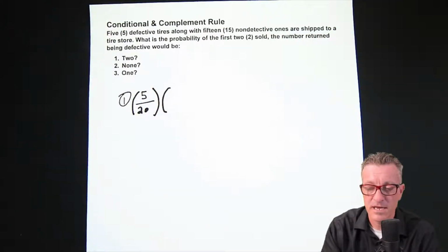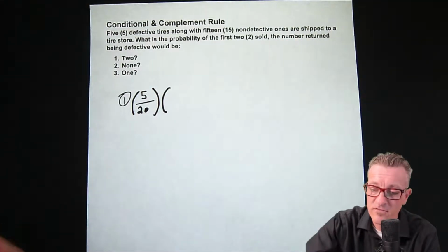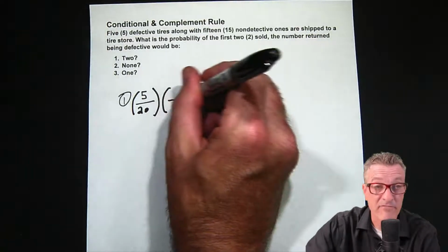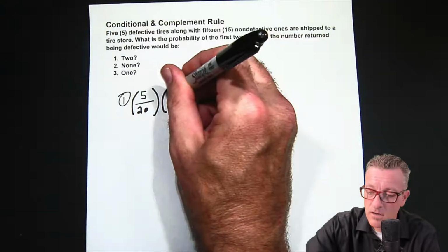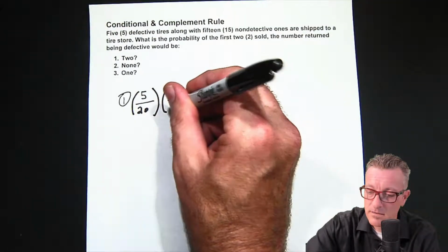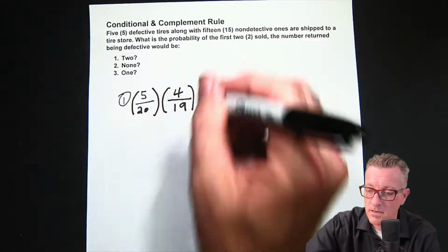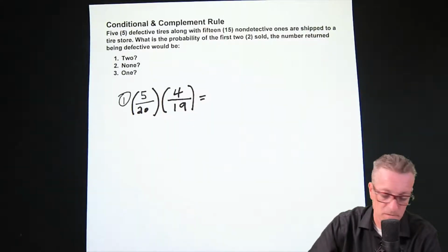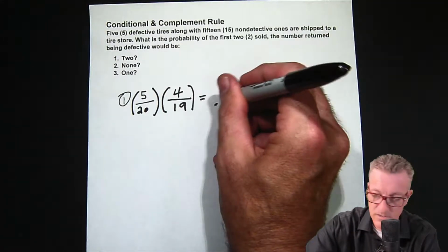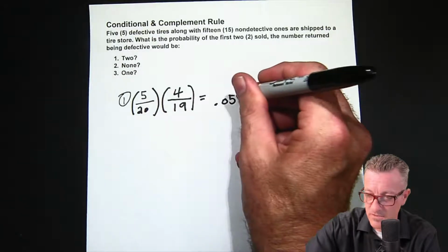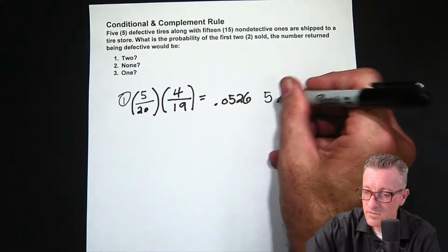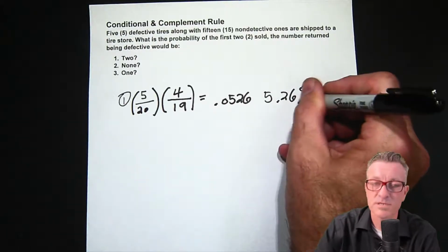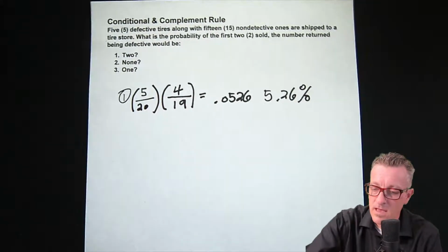And then we're just looking for defective, but we already had 1. It's like having 1 draw. So now it's going to be 4 over 19. And then what that equals is 0.0526, or about 5.26%.